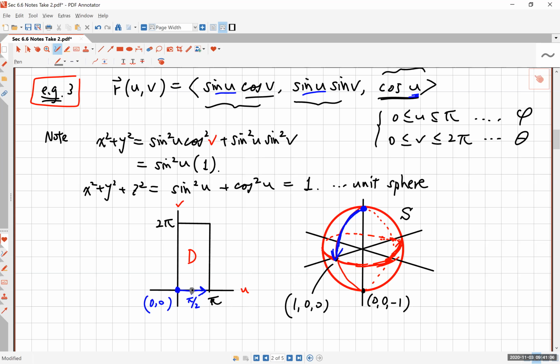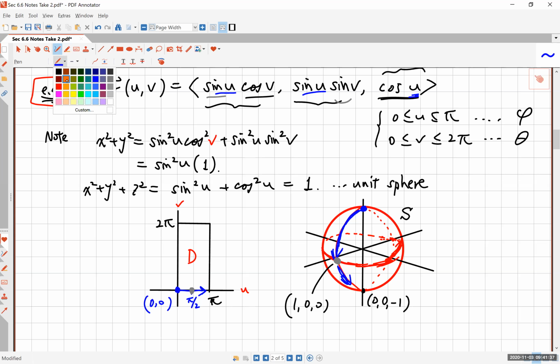So if you look at this, this will be 1, and then 1 times, okay, at this point v is equal to 0, so this will be 0, right? So it's going to be 1, 0, 0, and so it's this point that you are at. And if you keep walking along this blue line here, you will be going this way. All right, so that's what's happening here.